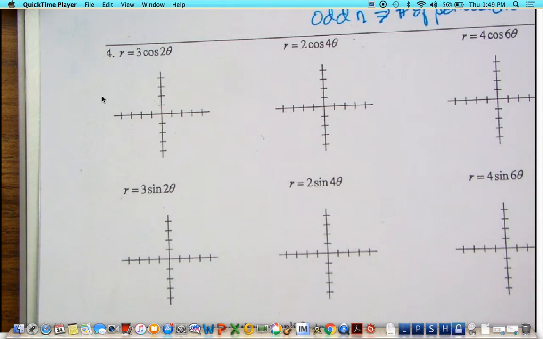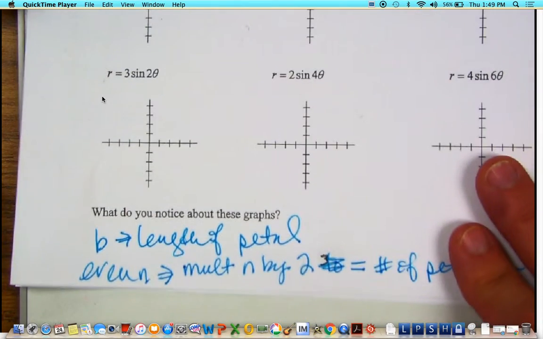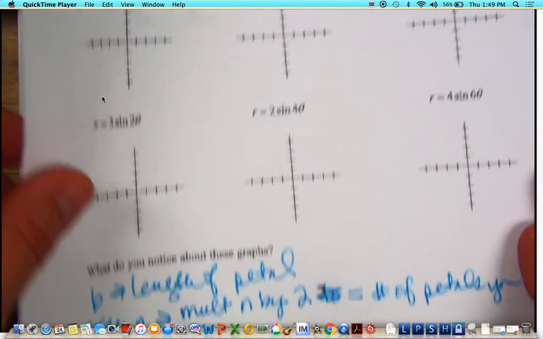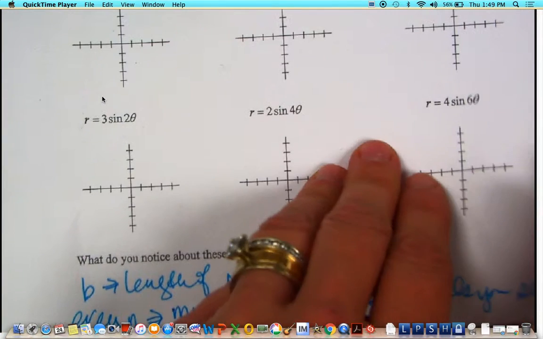So there are really always 2n petals. Okay, so you can go back.